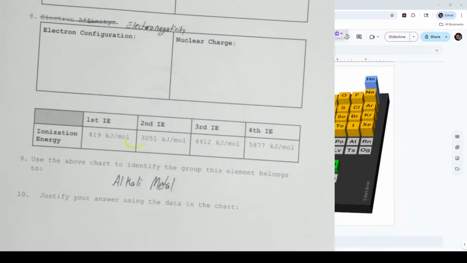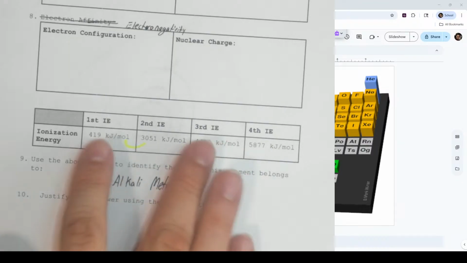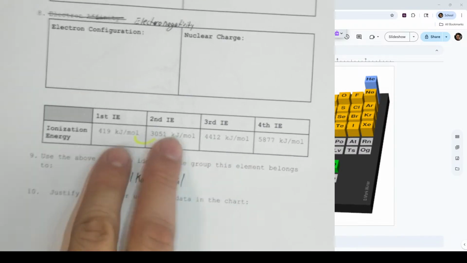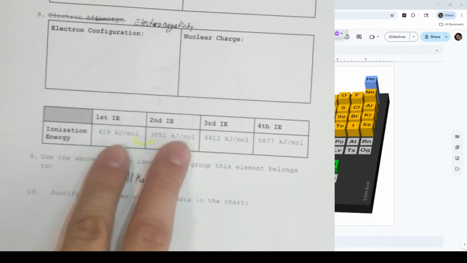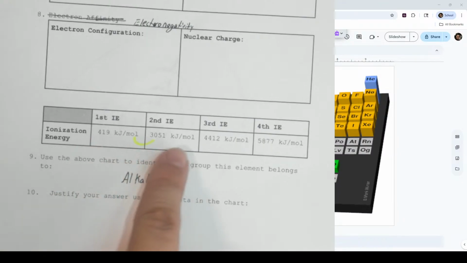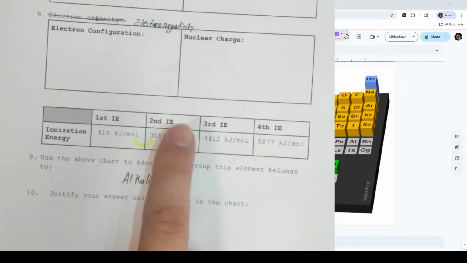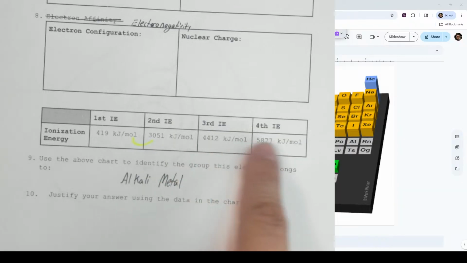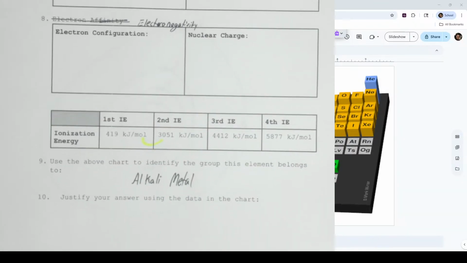Not saying justify your answer, I kind of just did that by talking about how the biggest jump in energy is actually between the first and second ionization energy, between getting rid of one electron and getting rid of the second electron. That's the biggest jump in energy. These jumps are not as big because I'm starting to remove electrons from the next shell down at that point.